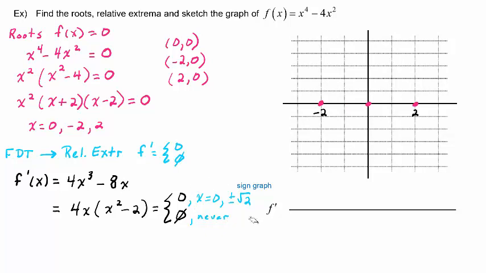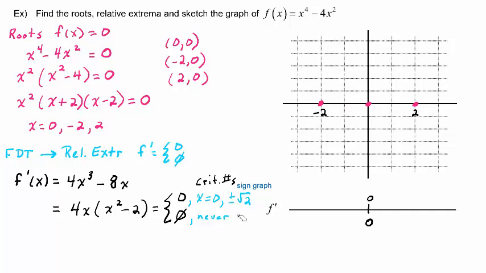So these are the critical numbers that we need to get on our sign graph. So x equals 0, and when you're making your sign graph, make sure that the x values line up with the x values from your graph. So x equals 0 would be here. We know the derivative is 0 there.